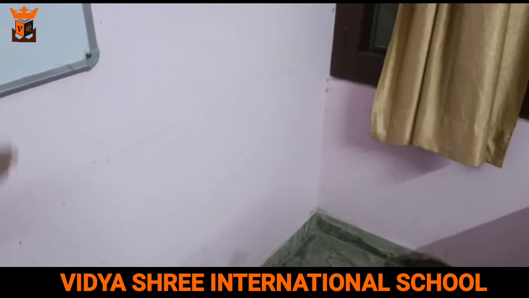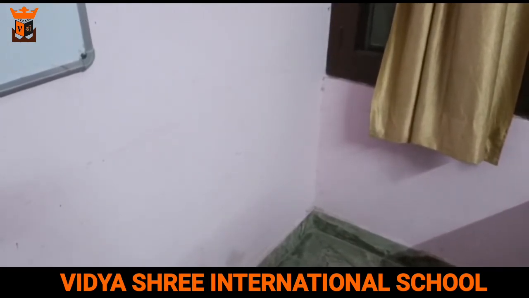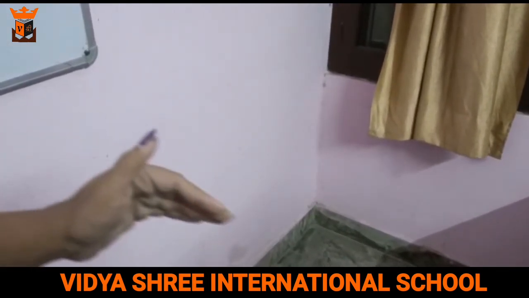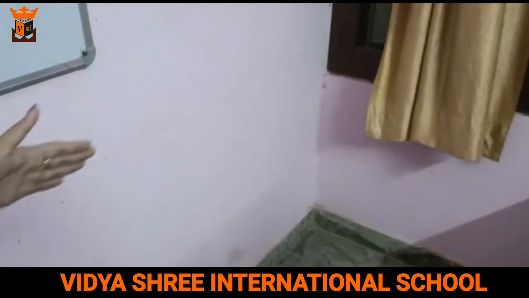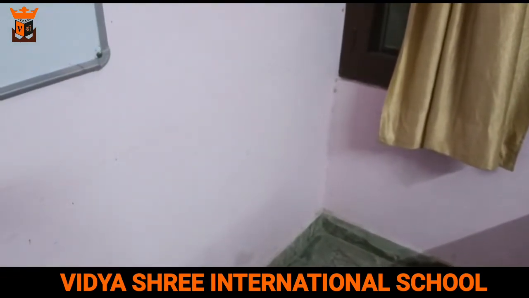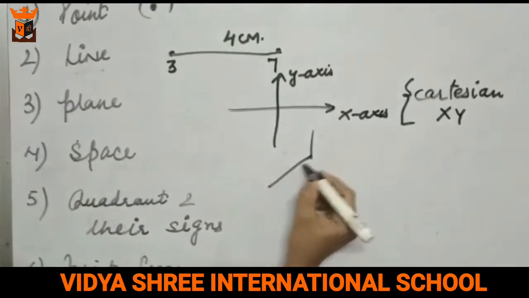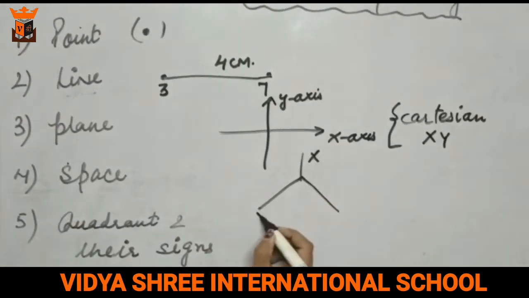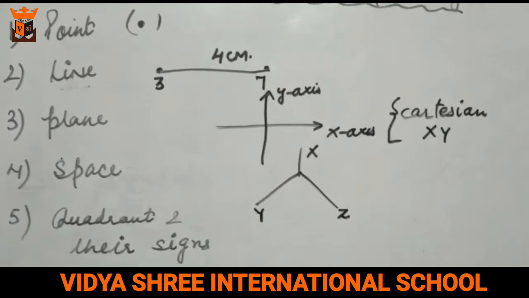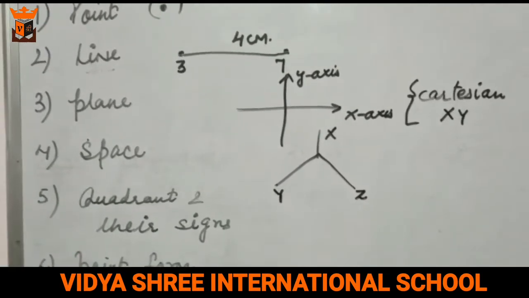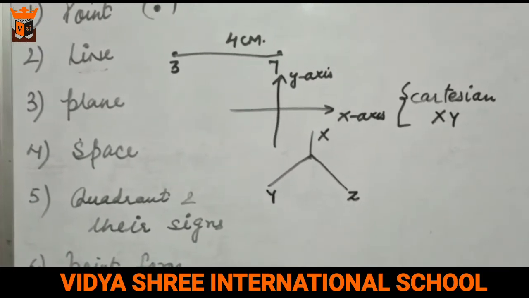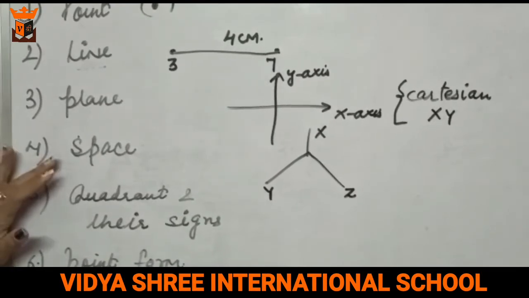So there are 3 axes. So in the space there are 3 axes like this, x-axis, y-axis, z-axis. The room, halls, our schools, all are constructed in the space.